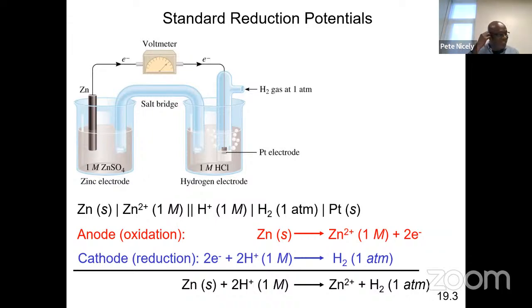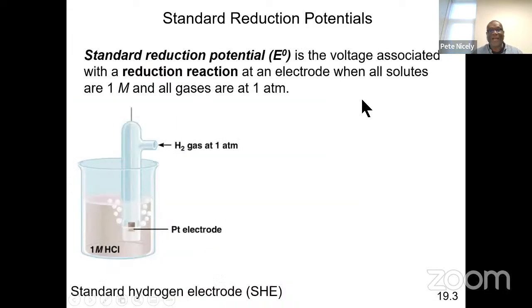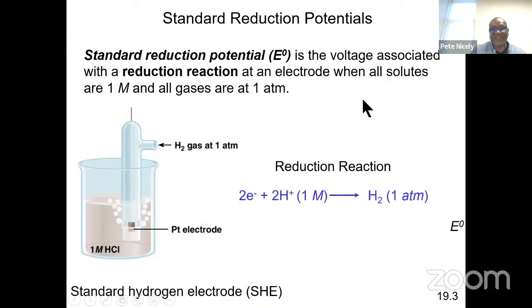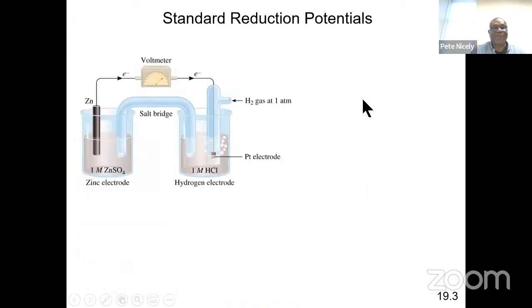And based on those standard conditions, we can determine the standard electrode potential for the particular element or for the particular half reaction. So I don't see it here. Let me see if it's on the next page. Okay, here it is.